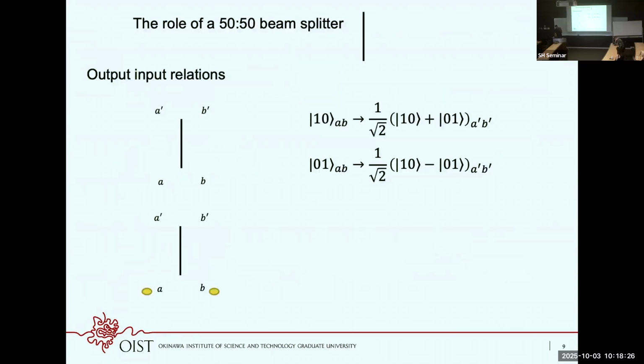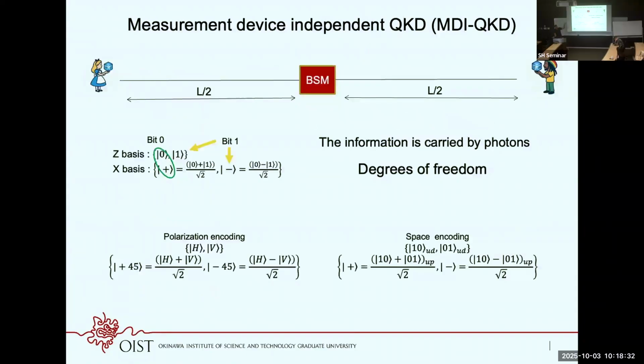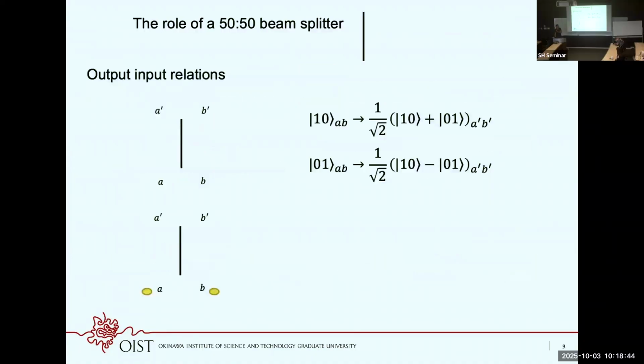Yes, this is the beam splitter. As I say, this type of measurement, the Bell state measurement, is performed using a beam splitter. But again, I think yesterday Professor Beauregard already talked a lot about beam splitters. Here, I just want to show you the input-output relationship that we need for this protocol.